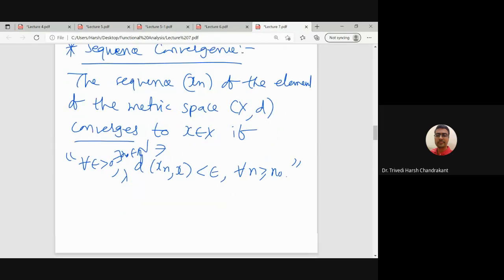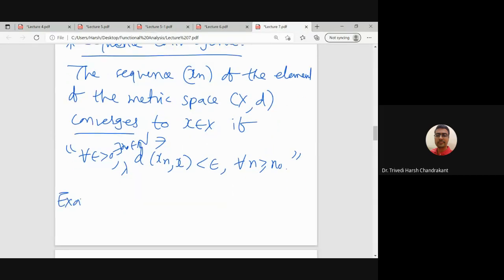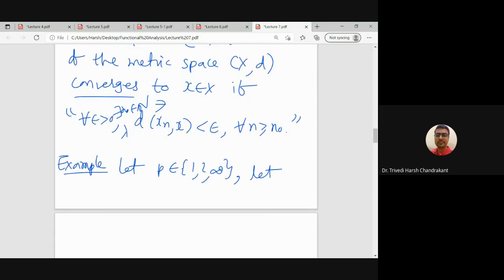So the question is, what does this definition reduce to corresponding to the metrics d1, d2 and d infinity in the LP spaces? So let us take p to be 1, 2 or infinity, and we are defining the set X to be LP. When p is 1, it is L1, p is 2, it is L2, p is infinity, it is L infinity, and we have the metric also accordingly.